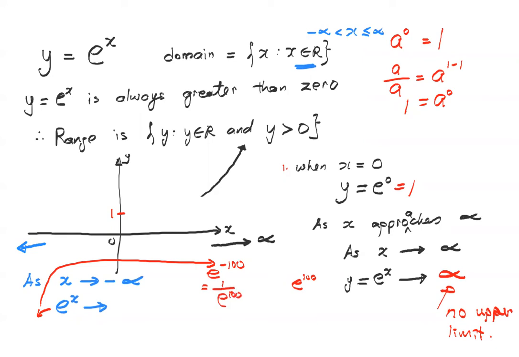Is e to the power 100 very big? Yes. 1 divided by very, very big becomes very, very small. We will say approximately, so we say it approaches 0.